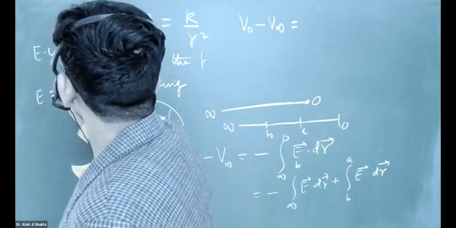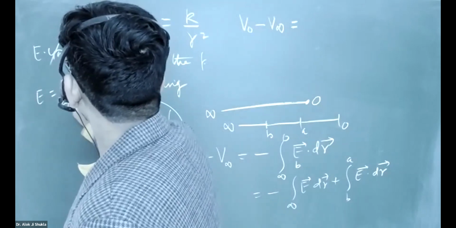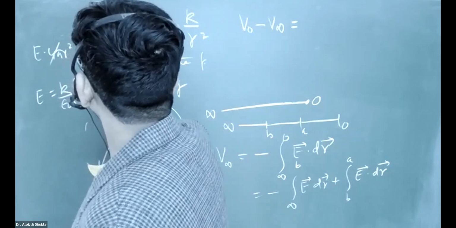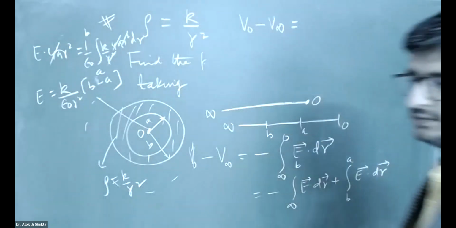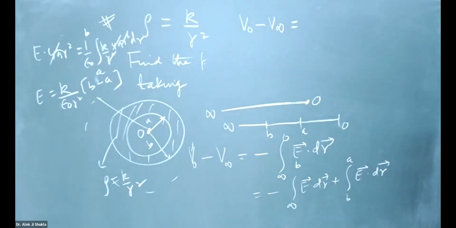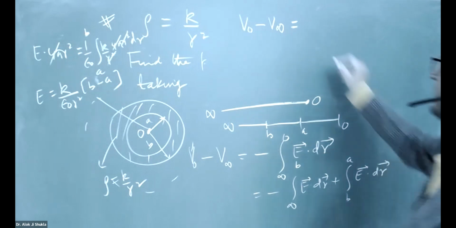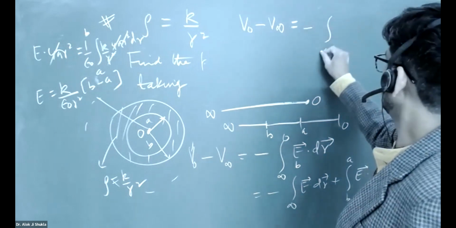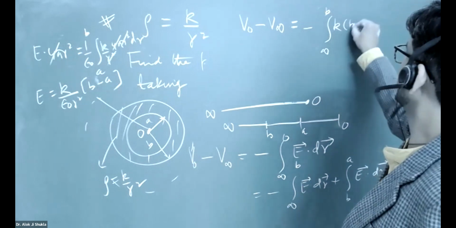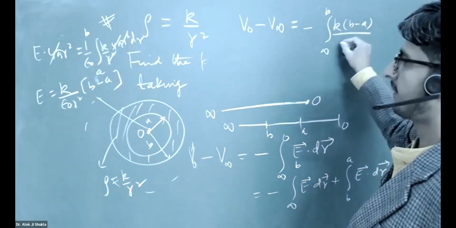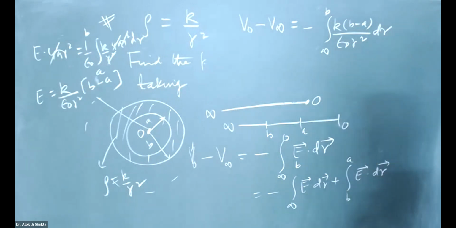So E will become k by epsilon naught r square (b minus a), ना? Yes, sir. This we have done with Gauss law. So it will become minus integral infinity to b k (b minus a) by epsilon naught r square dr. This is the first term.